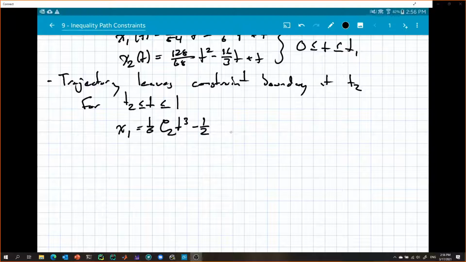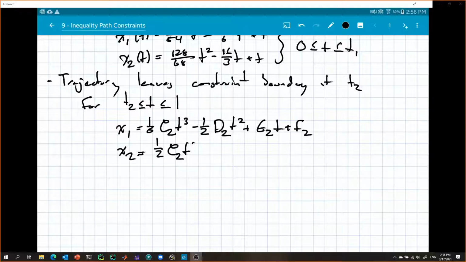So here our constants are different than before, but the equations are otherwise the same.